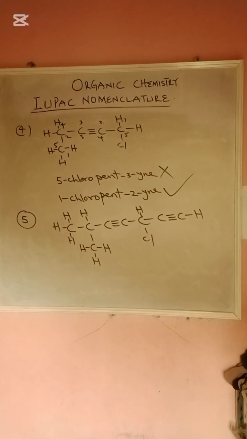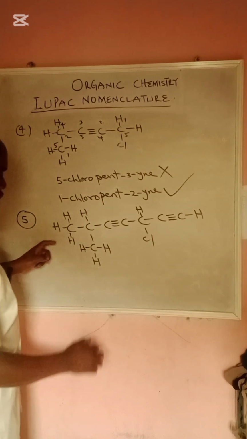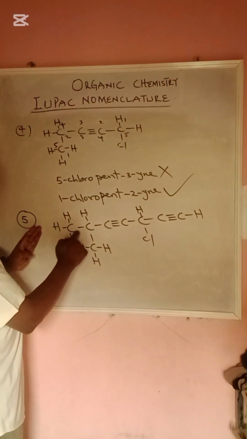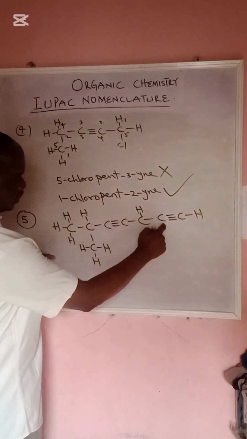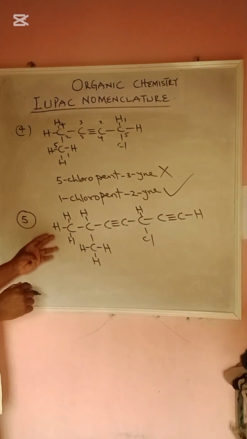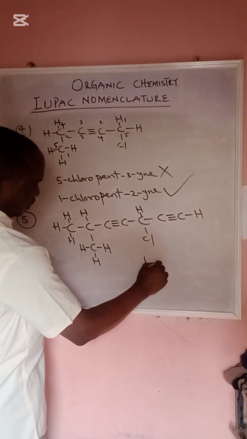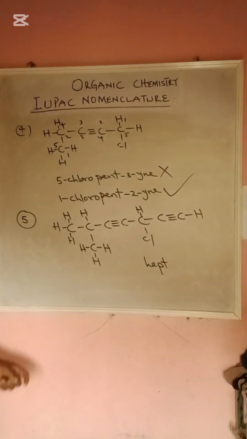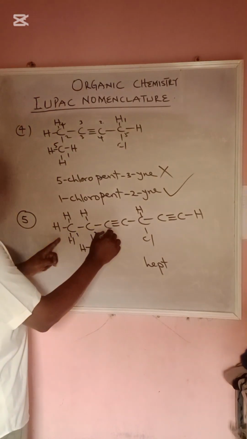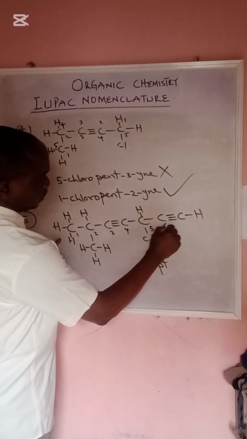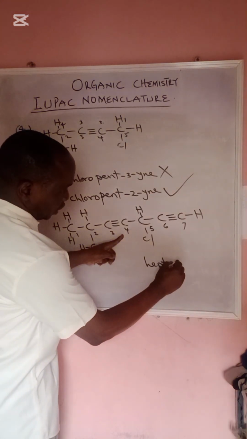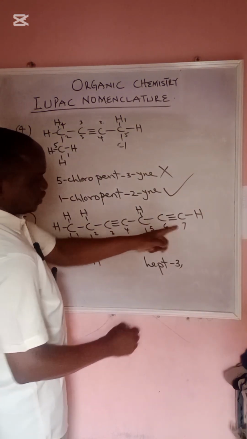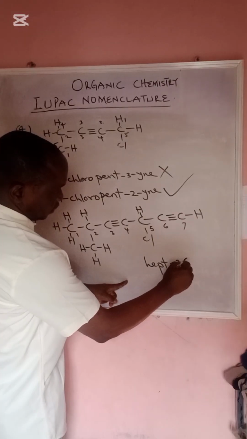So let's see the longest chain. You can see from left to right, if you start 1, 2, 3, 4, 5, 6, 7. So it's 7, so that is hept. The triple bond is between 3 and 4, so I will take 3. Between 6 and 7, I will take 6.